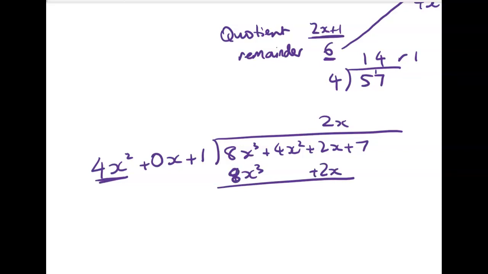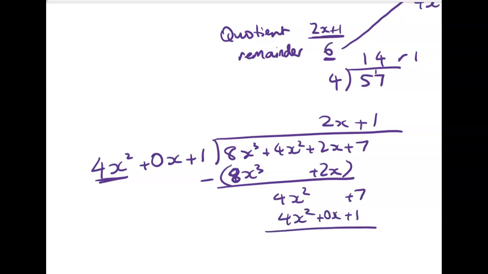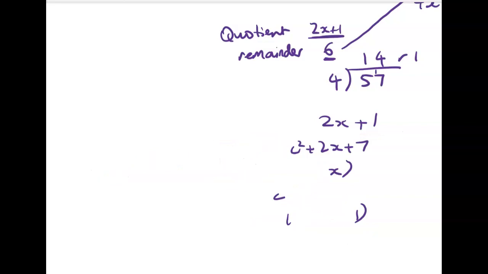So we're going to subtract this now, and we're left with 4x squared plus 7 here. So here we get plus 1, 4x squared plus 0x plus 1. Subtracting that gives me 6. So exactly the same as what I did above. It's up to you which method you prefer. Okay, so that's the first part.